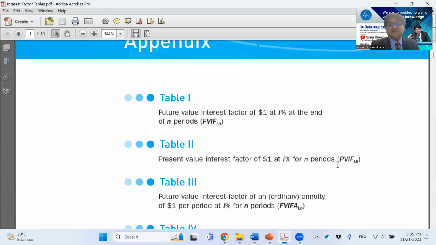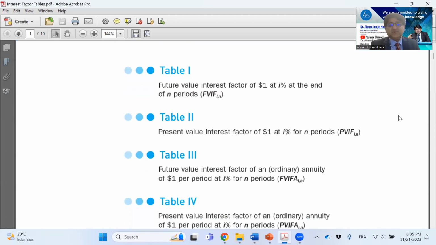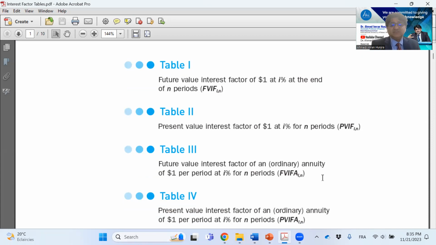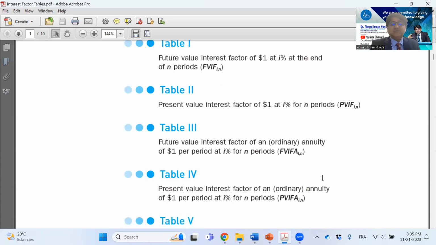Table 2 is related to the present value interest factor, single payment. Table 3 is dealing with the future value interest factor of annuity, where A means annuity, that is, a series of equal payments. Table 4 is related to the present value interest factor of annuity.